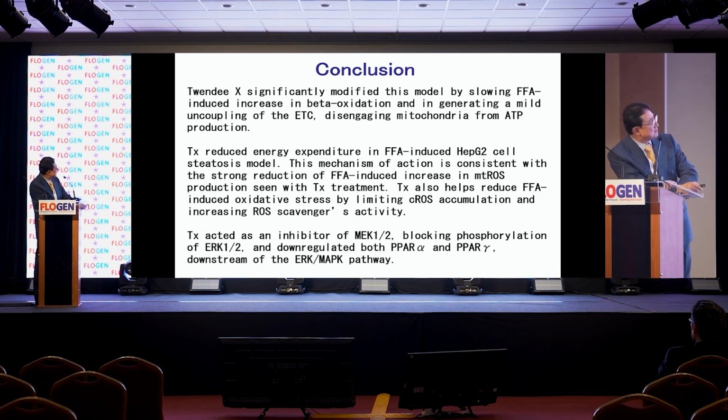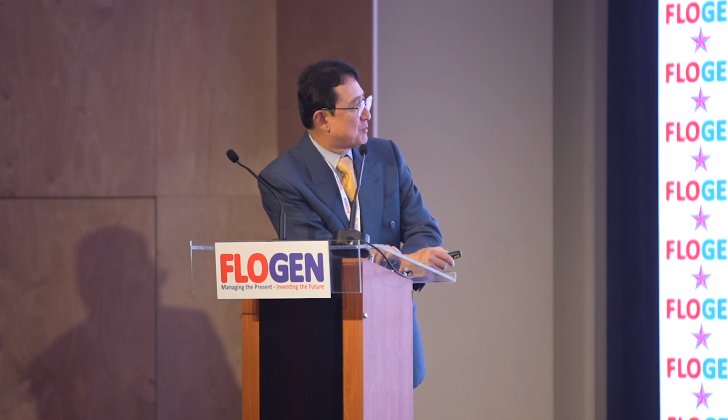Twendee X significantly modified this model by slowing FFA-induced increase in beta oxidation and generating a mild uncoupling of the ETC. This engineering mitochondria from ATP productions. Twendee X reduced energy expenditure in the FFA-induced HepG2 cells steatosis model.